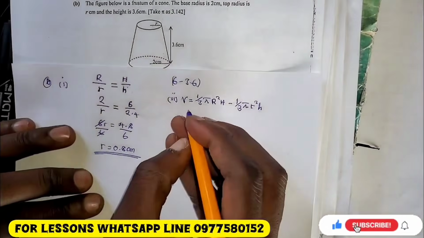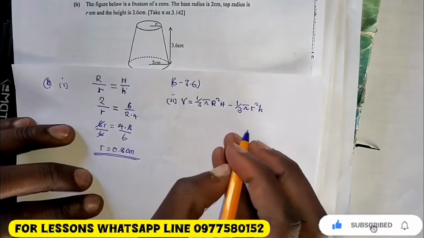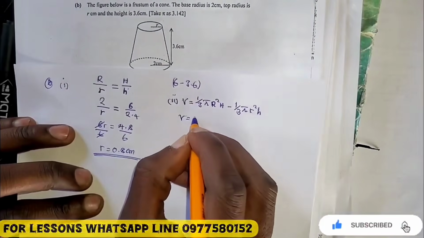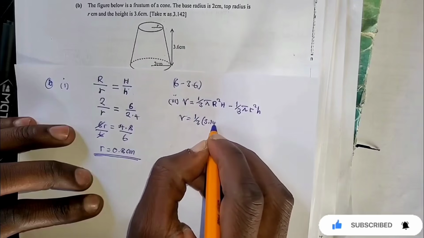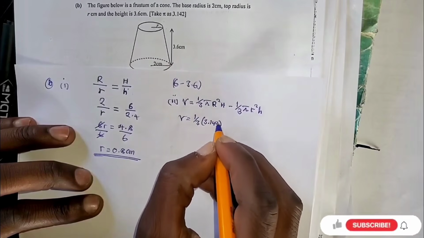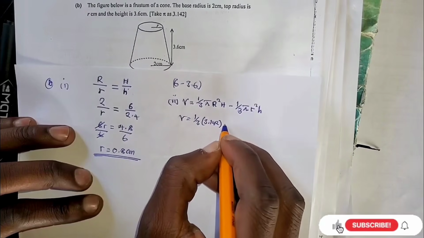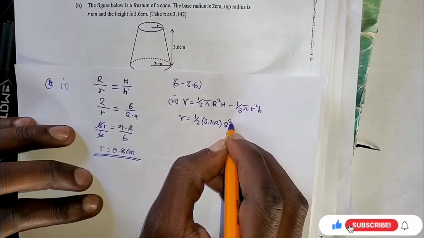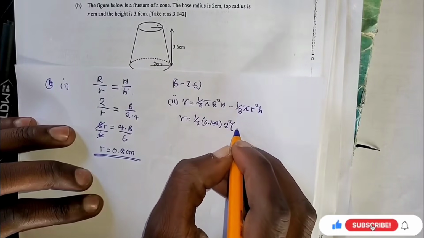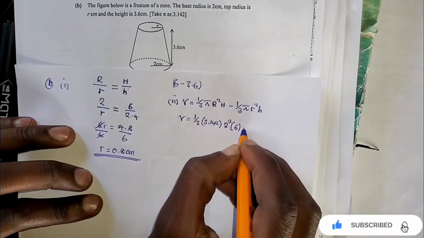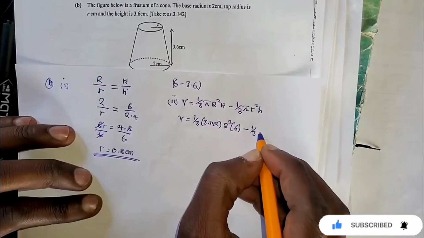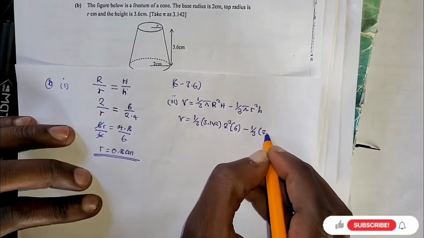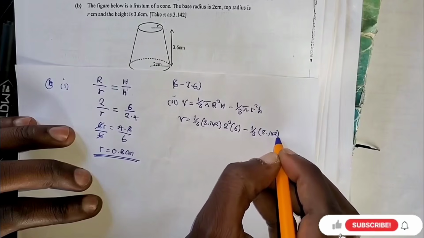Okay, so let's substitute. So volume is going to be 1 over 3 times 3.142. Am I right? Yes. What is the radius of a larger cone? 2. So it will be 2 squared. Height of a larger cone? 6. Okay, minus 1 over 3 times 3.142.